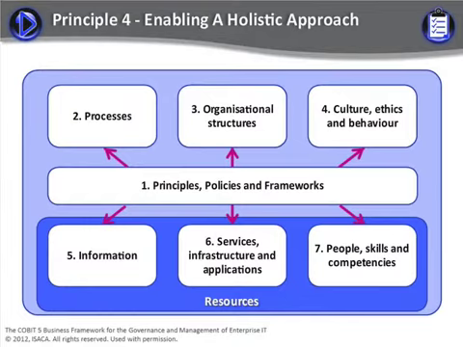COBIT 5 calls these enablers. They are principles, policies, and frameworks; processes; organizational structures; culture, ethics, and behavior; information; services, infrastructure, and applications; and people, skills, and competencies. You will need to remember these for the exam.